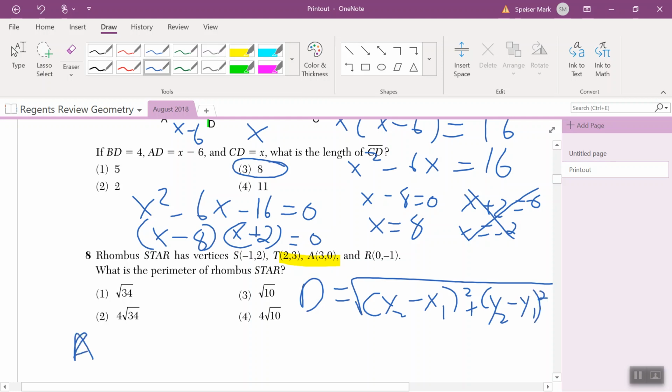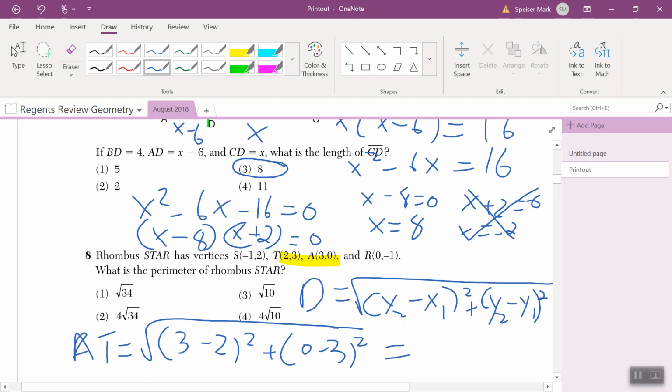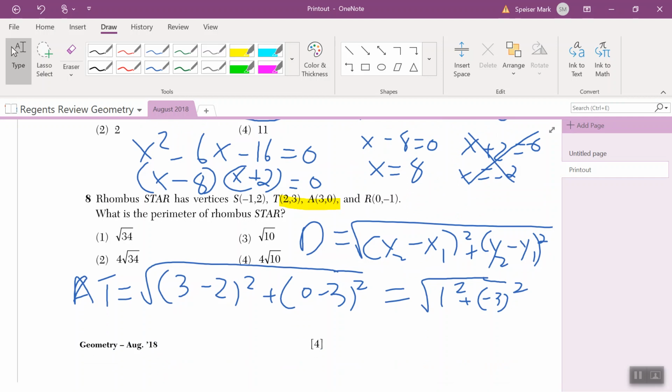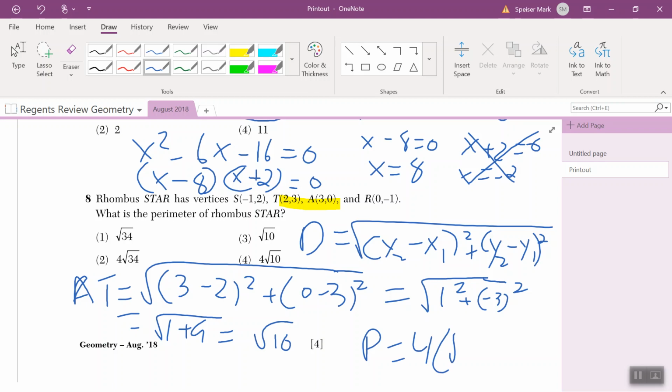AT equals the square root of 3 minus 2 squared plus 0 minus 3 squared, which equals 1 squared plus negative 3 squared, which equals 1 plus 9, square root of 10. Now a rhombus has 4 sides. You take the perimeter of all 4 sides, that's 4 times the square root of 10, which is 4 root 10, or choice number 4.